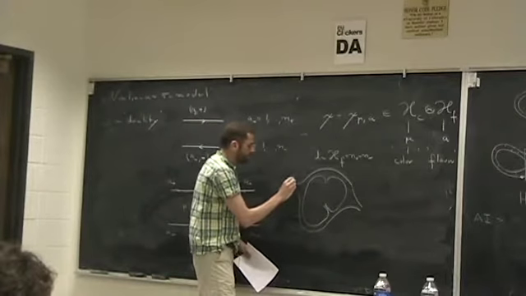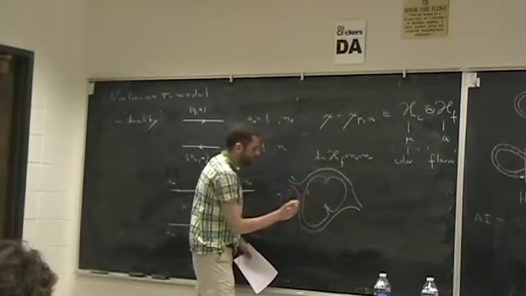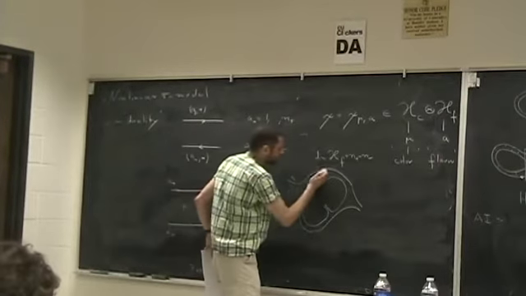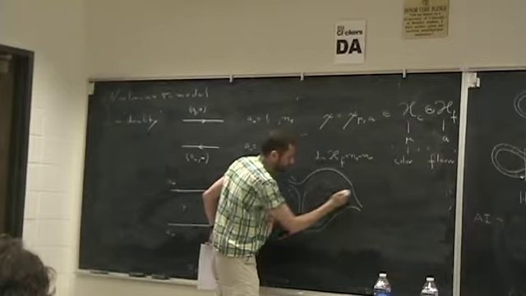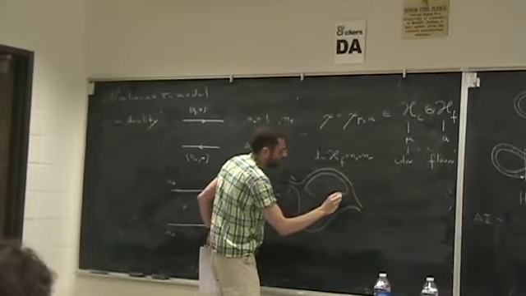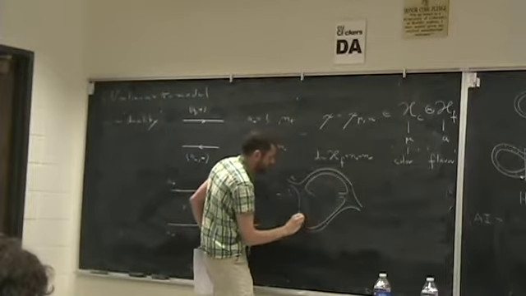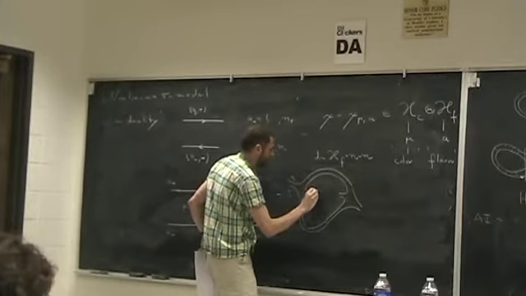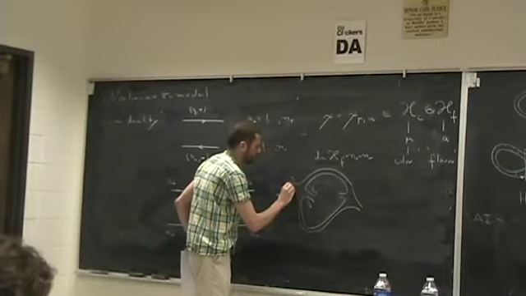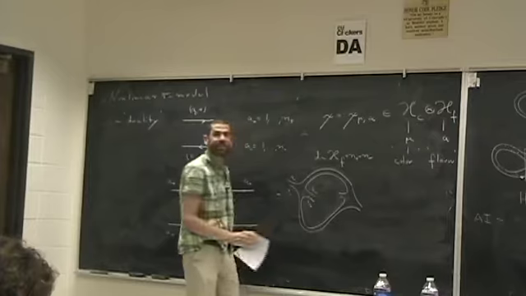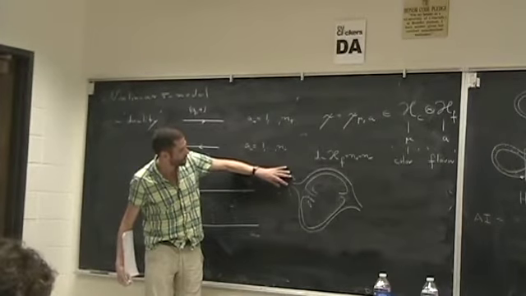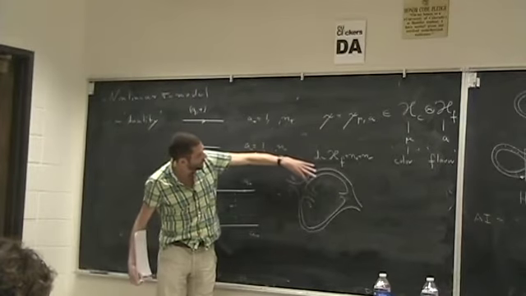We have A plus, A minus, B minus, B plus. Sorry, I screwed it up again. So now after averaging, you can correlate between an A plus A minus mode and an A plus B minus mode.